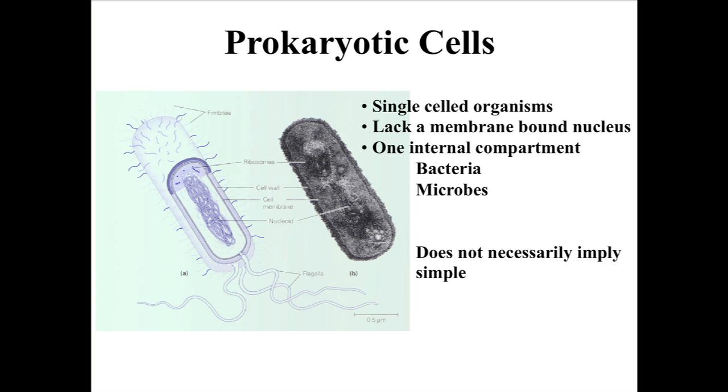We can classify cells into two major groups. Prokaryotic cells, kary meaning nucleus, pro being before, so before nucleus. Prokaryotic cells are mostly microbes, so you have bacteria that comprise most of this group.